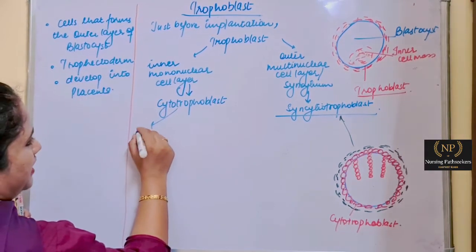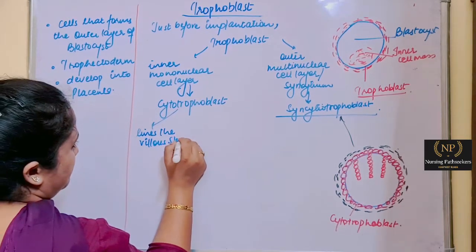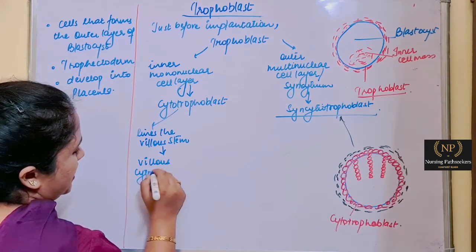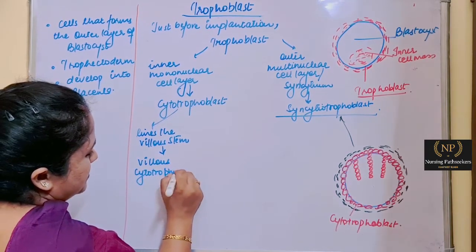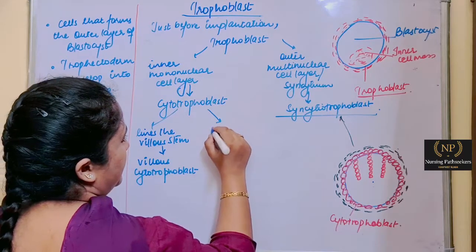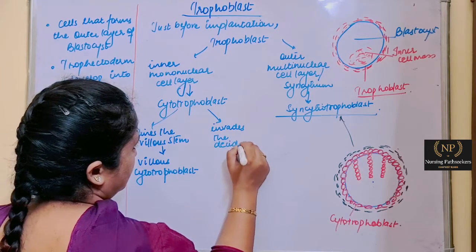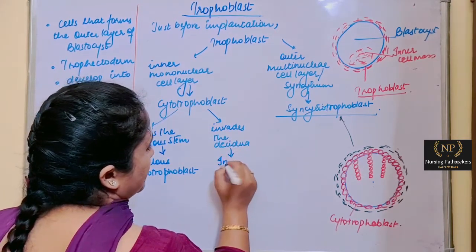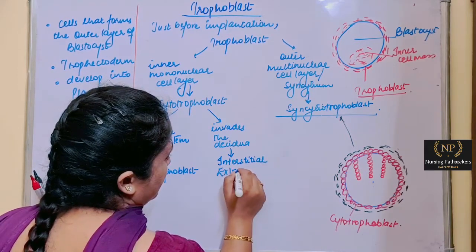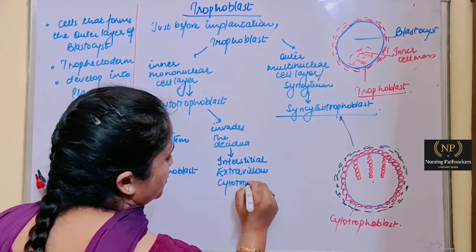When it lines the villus stem, it is called villus cytotrophoblast, and when it invades the decidua, it is called interstitial extravillus cytotrophoblast.